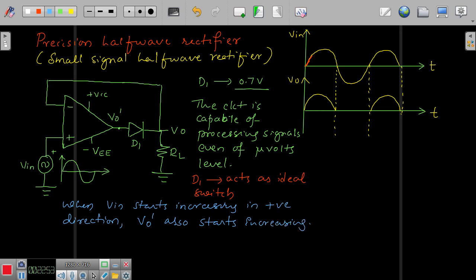Please remember, V naught dash is before the presence of the diode, right? V naught dash is the value of the output voltage before the presence of the diode, whereas your V naught is the actual output voltage, right?